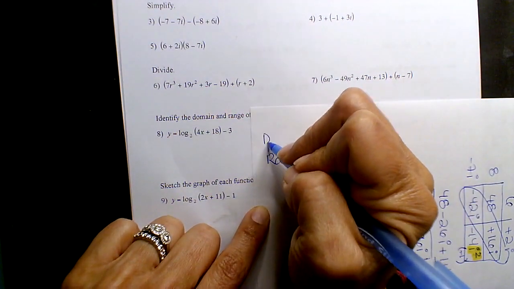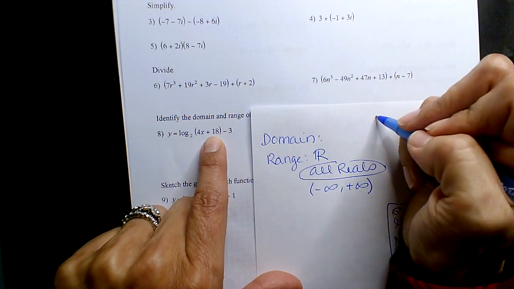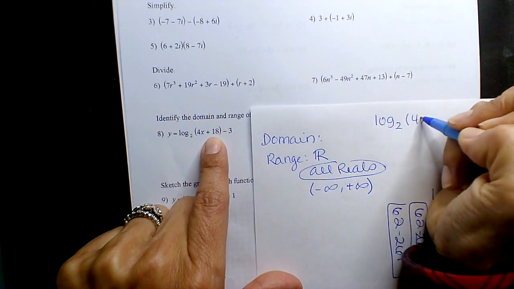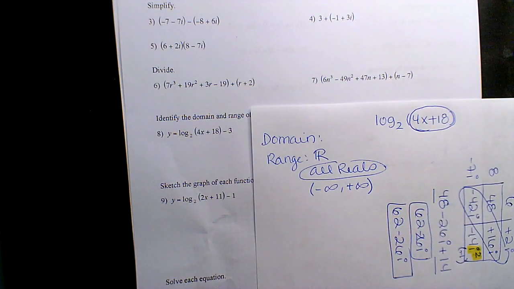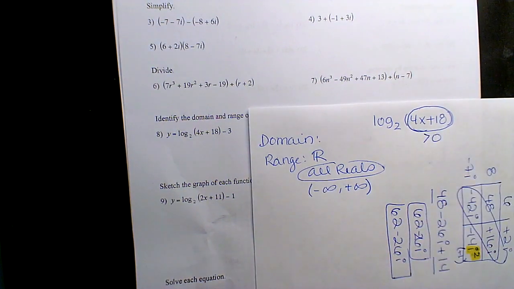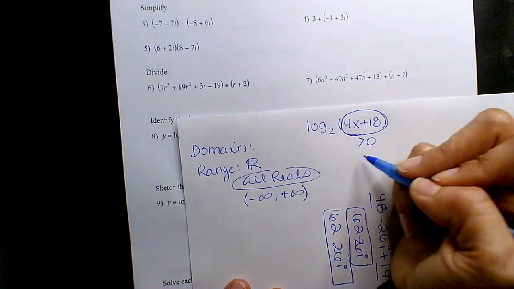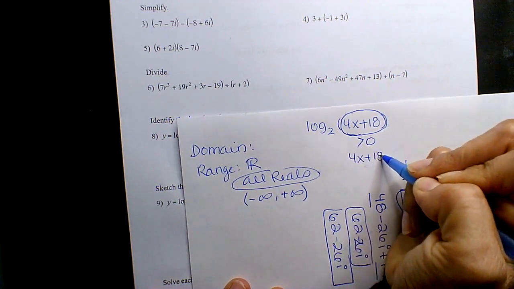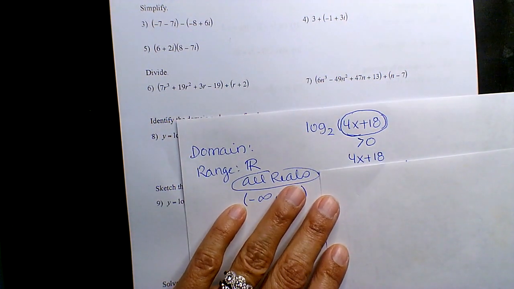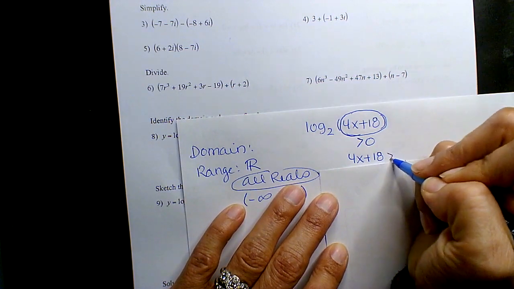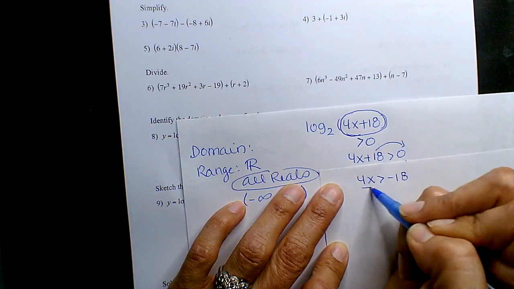Okay, what's the domain? So the domain, your restriction is inside the parentheses. So this log base 2 of 4x plus 18, your log argument is what's inside of here. It must be greater than 0. So here, if you solve it, 4x plus 18 greater than 0, take the 18 over, 4x greater than negative 18, divided by 4.